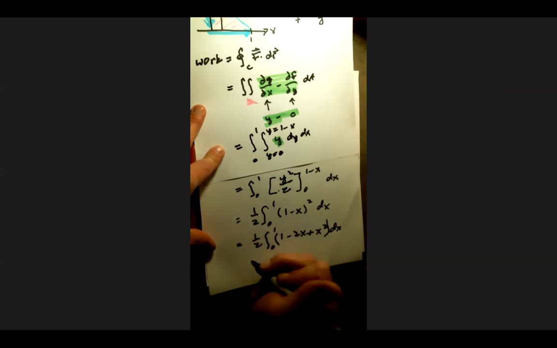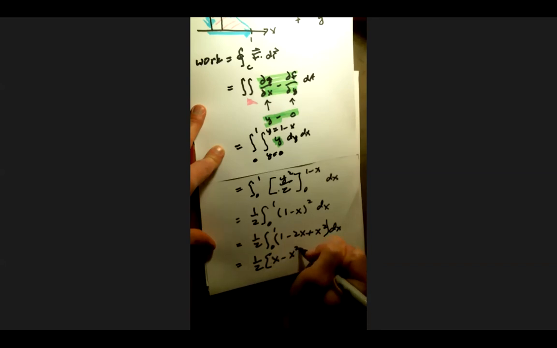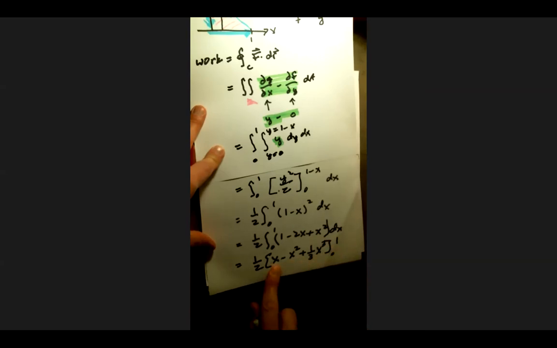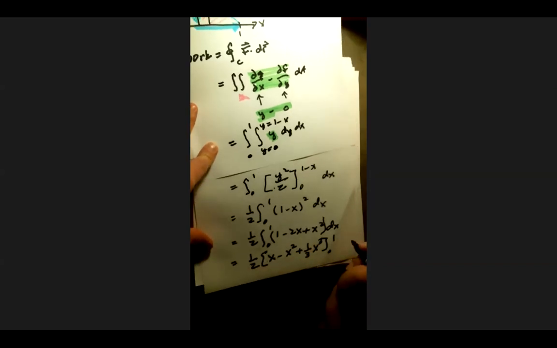So we're just integrating. This is nice stuff. If you put in 0, you're going to get 0 everywhere. If you put in 1, you're going to get a plus 1 minus 1. So all that's going to remain out of all that is a 1/3 times a 1/2 or 1/6.